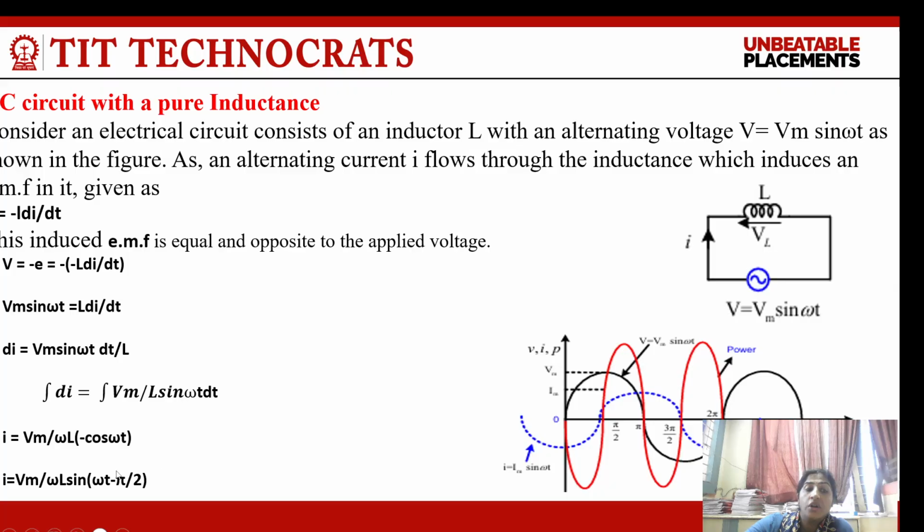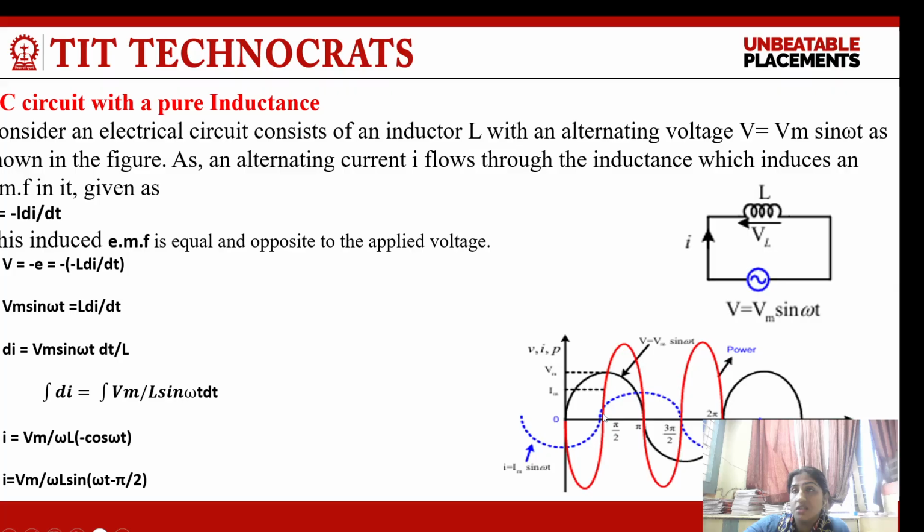In a resistive circuit, the current and voltage are in phase, and in an inductive circuit the current is lagging behind the voltage by pi by 2. And this is the power. As you can see, one half is positive, another is negative. If you take the product of voltage and current, the value over a cycle is going to be 0. So the active power for an inductive circuit is 0.